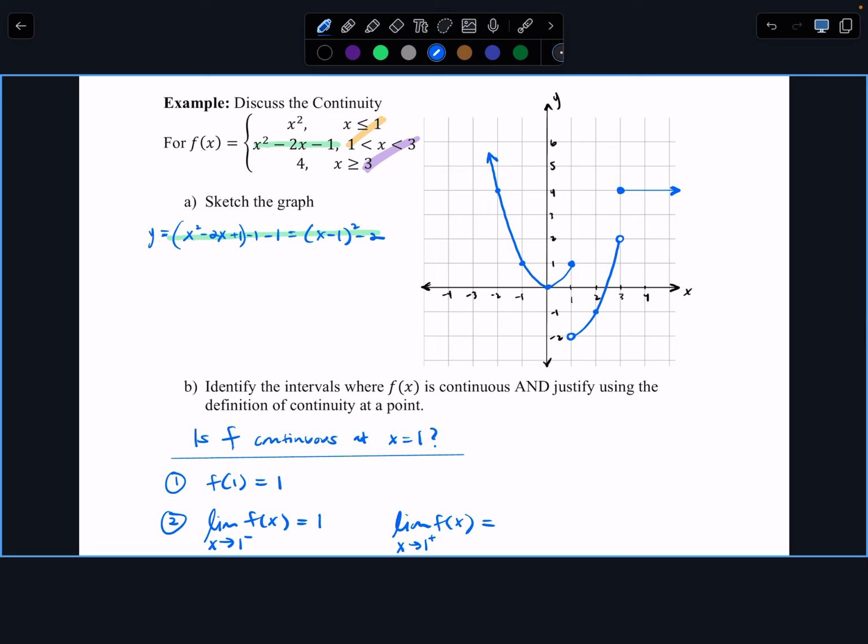I realize the last interval is also values to the right of 1, but when we're thinking about limits, we're thinking about the neighborhood of 1, what's happening directly to the right of 1, which is in this interval. Plugging 1 in here, we end up with -2.